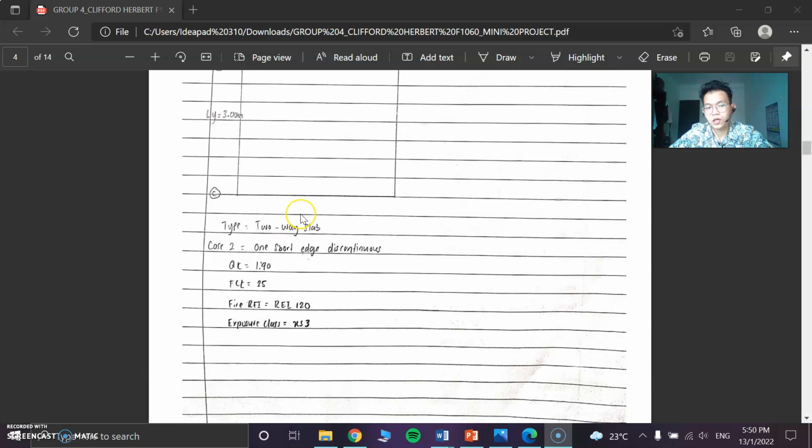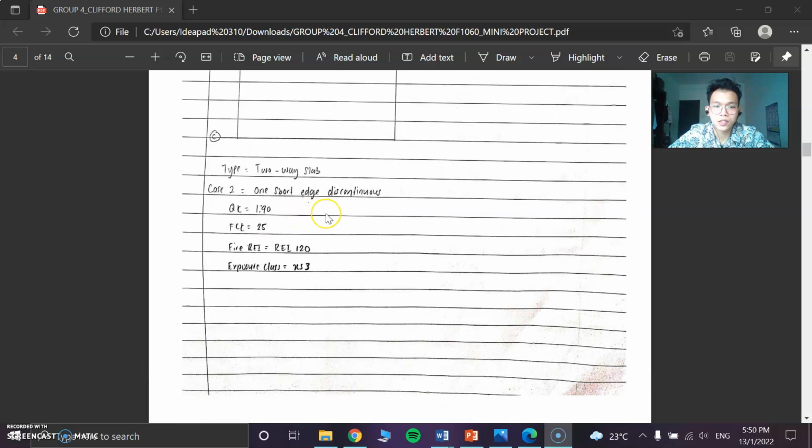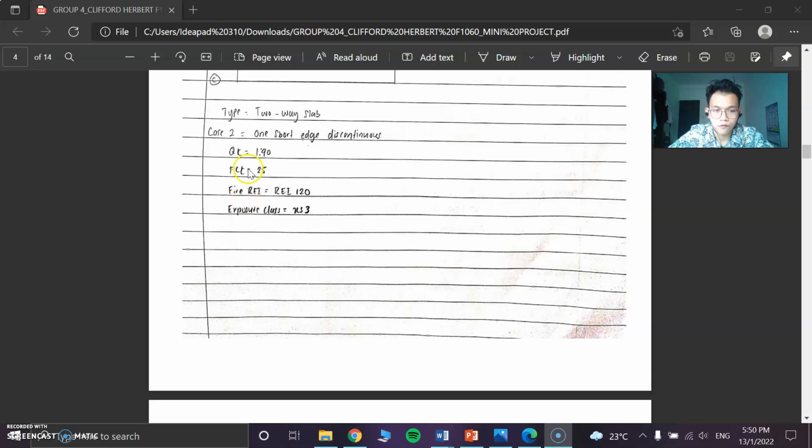My type of slab is two-way slab. For the case, I'm going to use case 2, that is one short edge discontinuous. For fire resistance is 120, and for exposure class we're going to use XS3.